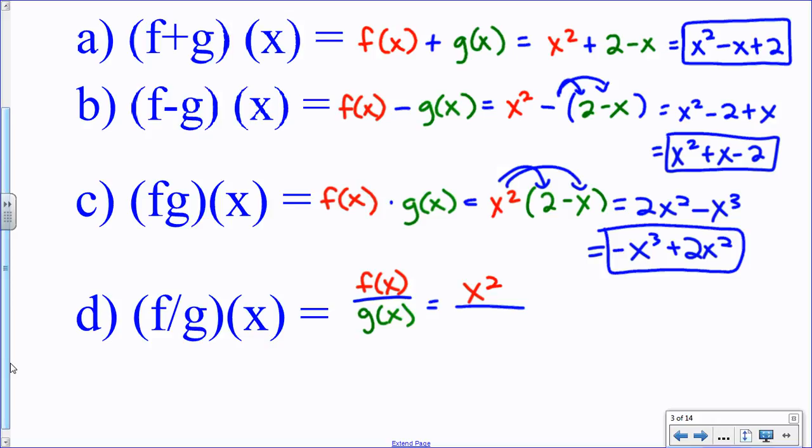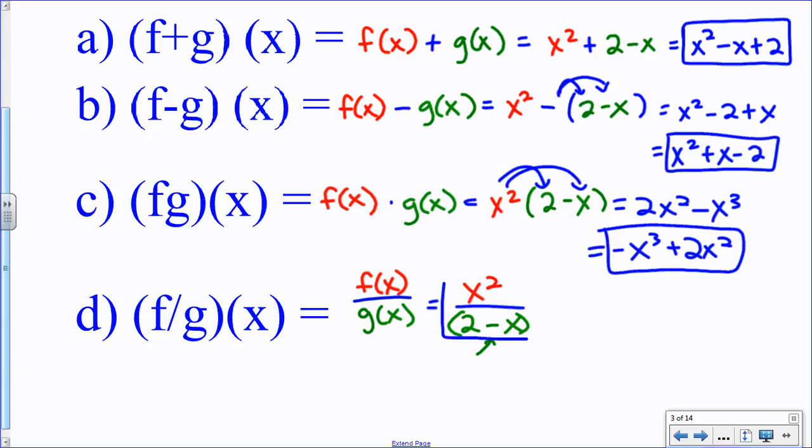G of x is 2 minus x. Because of that subtraction in the denominator, this 2 minus x has that invisible parentheses around it. When it's in a numerator or denominator, it has that invisible parentheses. So that means I cannot cancel those x's. So this is the most I can do to simplify. Okay, so this is done.